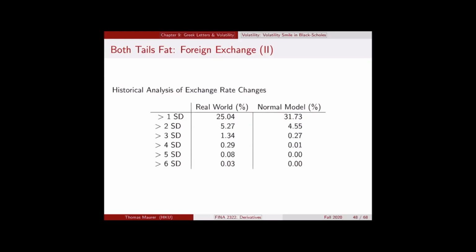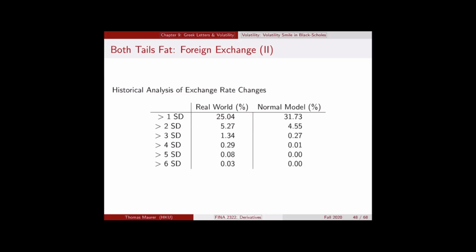The probability of that is basically zero. But we do observe that this happens about 0.03% of the time. Similar for return realizations between 5 and 6 standard deviations away from the mean. Under a normal distribution, that should basically never happen, but we do see that 0.08% of the time in the data.